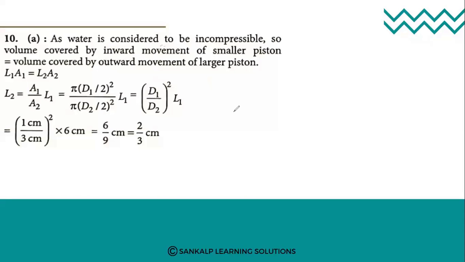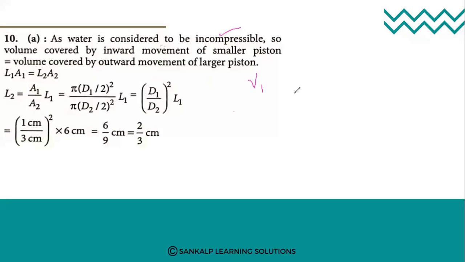So as the water is considered to be incompressible, in this chapter we first state the nature of it. Here in the chapter, we consider the fluid as incompressible. So when you consider it as incompressible, we can equate the volume of both the containers. The volume covered by the inward movement of the smaller piston equals the volume covered by the outward movement of the larger piston.